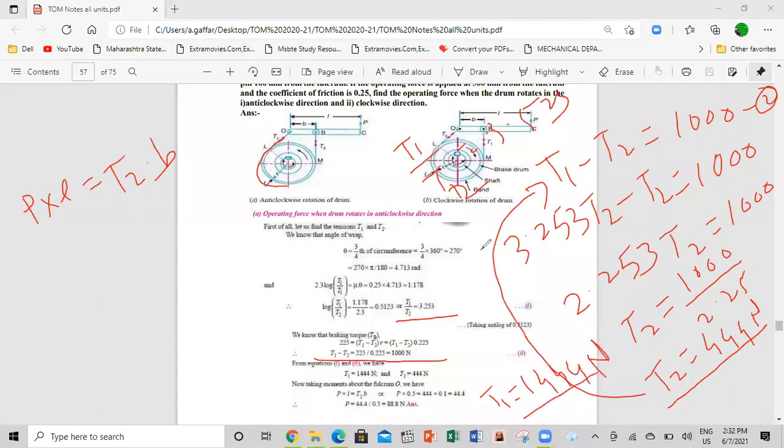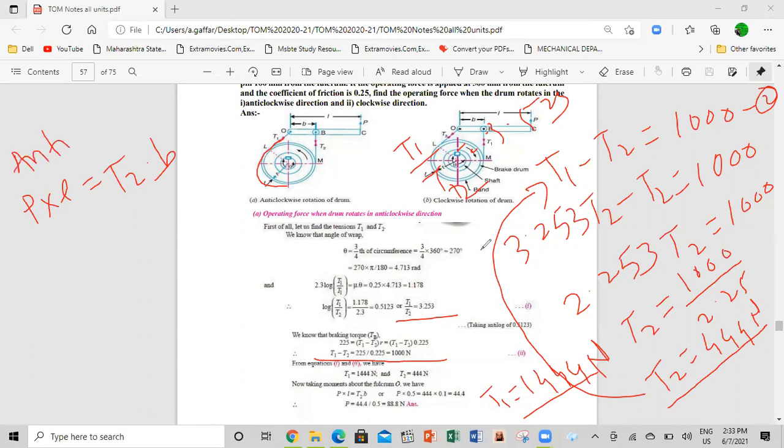Both values we have found from equations 1 and 2. You understand? The value of T1 is 1444 Newton, and the value of T2, which means the tension in the slack side, is 444 Newton. Now put this value of T2 in the condition for anti-clockwise.